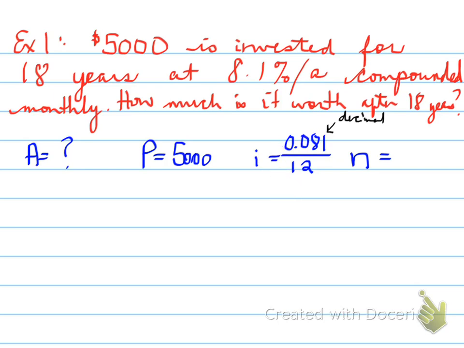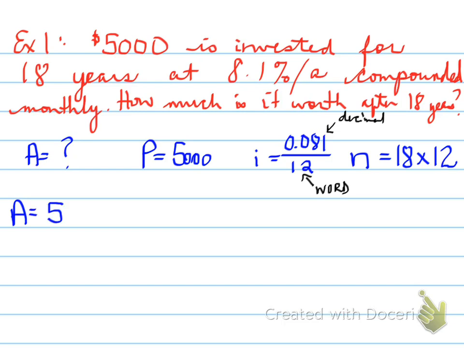Now remember, we just looked at the word a second ago, and it's really important that you note that it's 0.081 divided by the word. The word here is 12. Now, n is the number of years, which is 18, times, again, the word. That's right, folks. For i, you divide by the word. For n, you multiply by the word. Again, i, you divide; n, you multiply the word.